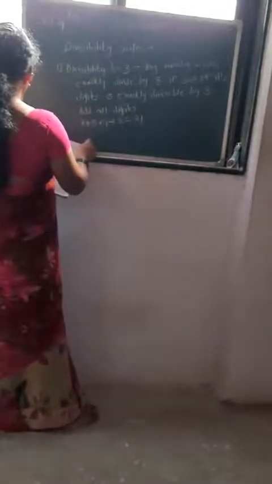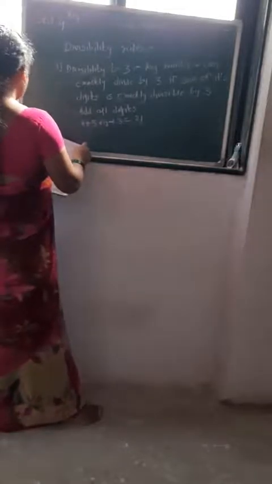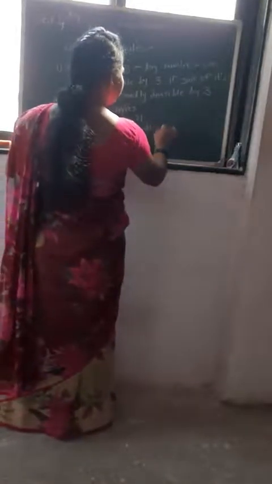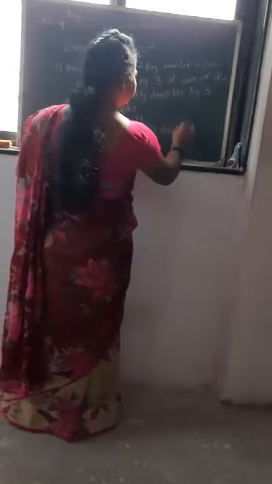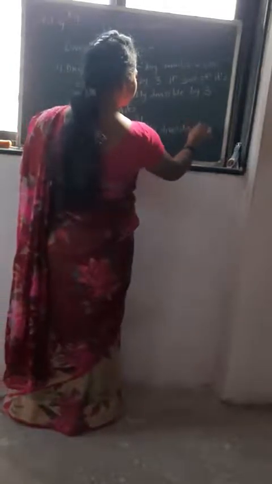Check if 21 is exactly divisible by 3. 21 divided by 3 is equal to 7.